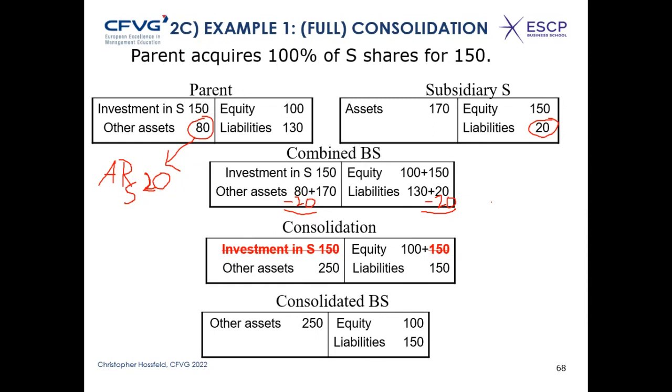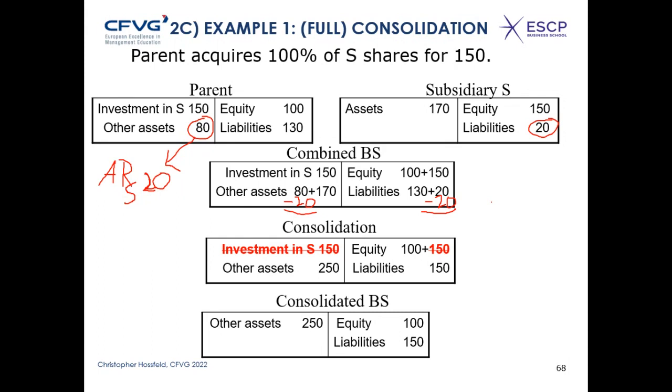That means, as you can see from this example, most of the consolidation entries are pretty much straightforward, because mostly when something is an asset for one party, it's a liability for another party. If it's a revenue for me, probably it's an expense for you, etc. So if we have an internal sale, for example, then I will cut my sales revenue and you will cut your expenses because you purchased something.